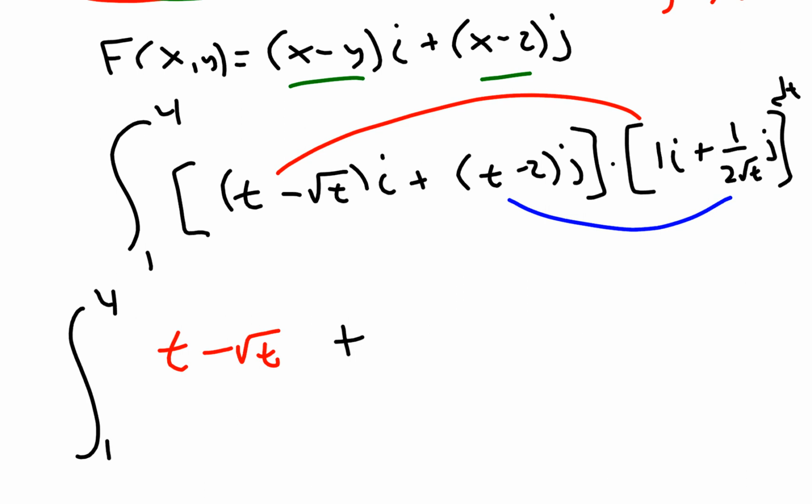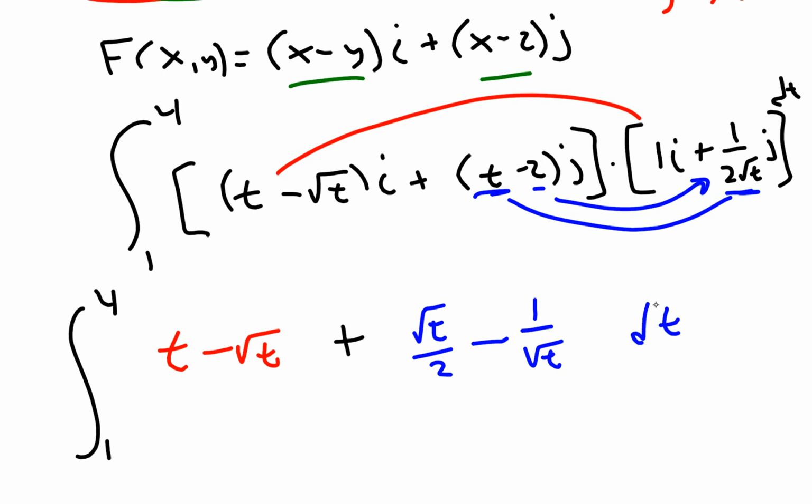And then if we multiply these blue things together, we end up with t times 1 over the square root of t, so that's actually the square root of t over 2, minus, if we multiply 2 by 1 over 2 square root of t, you can see those 2's would cancel. We get minus 1 over the square root of t. And then we have a dt here.